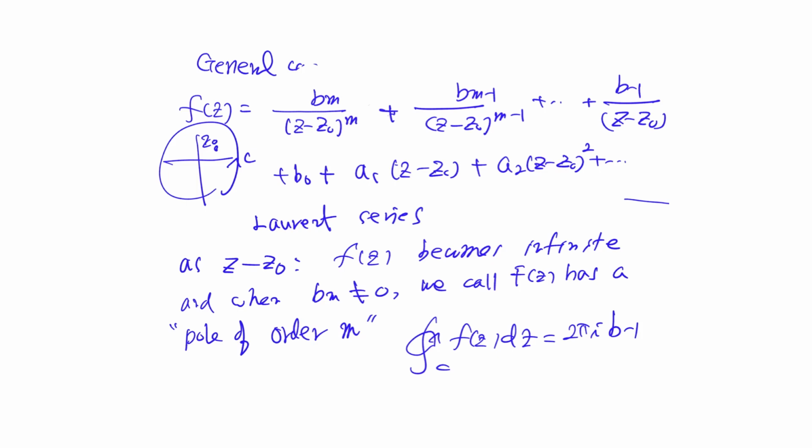Because we know that the integral is 2 pi i delta m minus one, right? We have shown this previously. So even though this function has many other terms, when you integrate, only this term survives. So this is called the residue. This coefficient is called the residue.